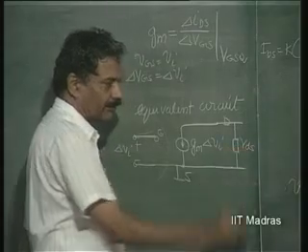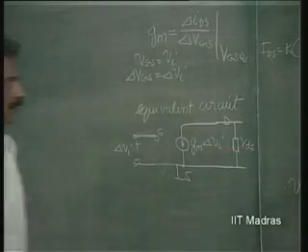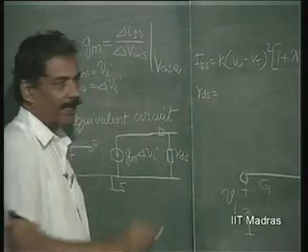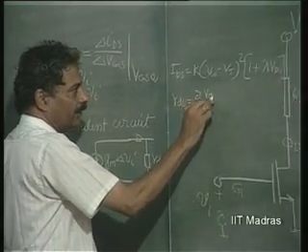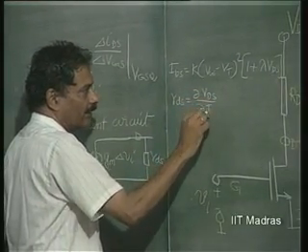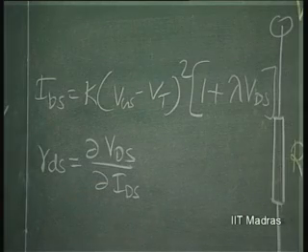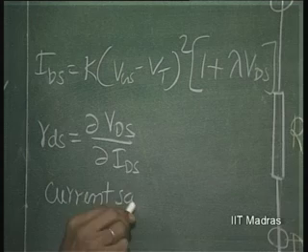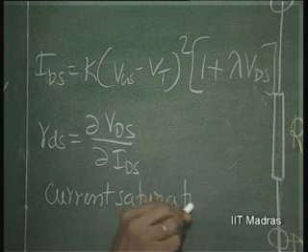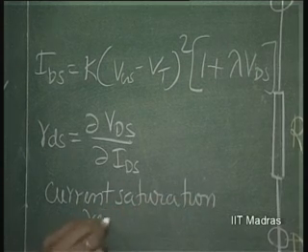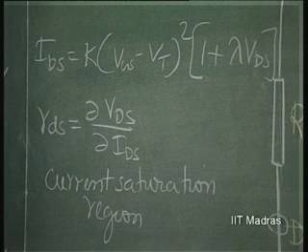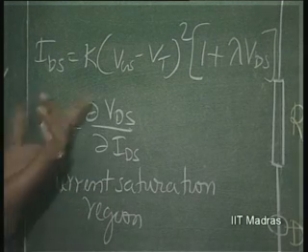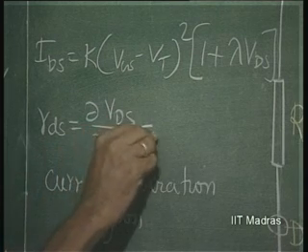That is therefore responsible to result in an RDS. So, what is RDS? By definition, RDS is defined as delta VDS by delta IDS in the current saturation region. Ideally speaking, this should be infinity, whereas now how much is that going to be equal to?